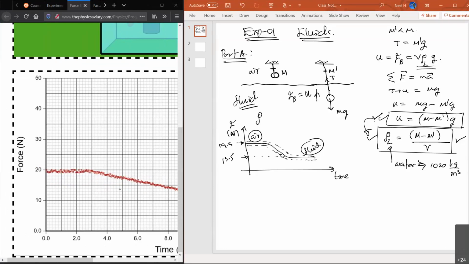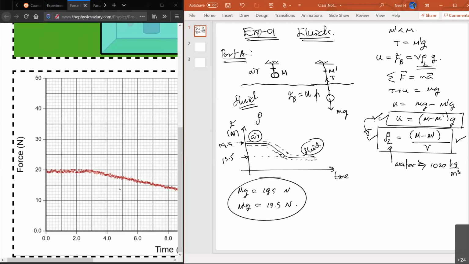So I already know m times g, the real weight, which is the force when it is outside: 19.5 Newtons. And m prime g, when the object is fully submerged in the fluid, is 13.5.